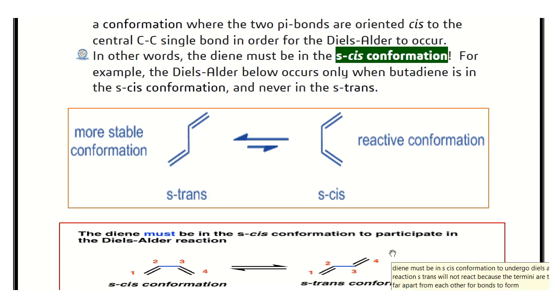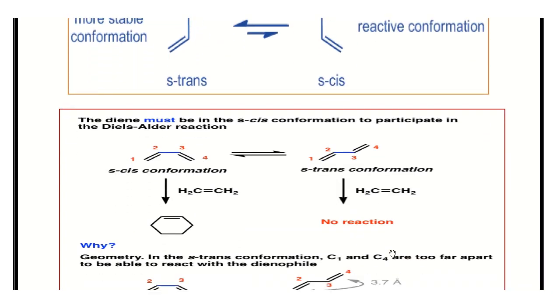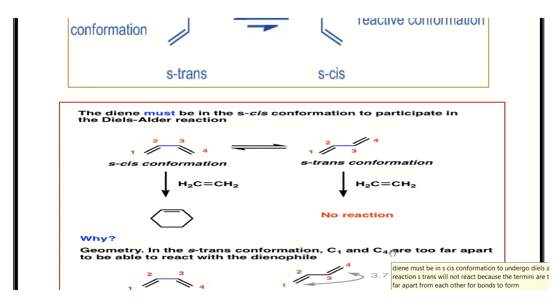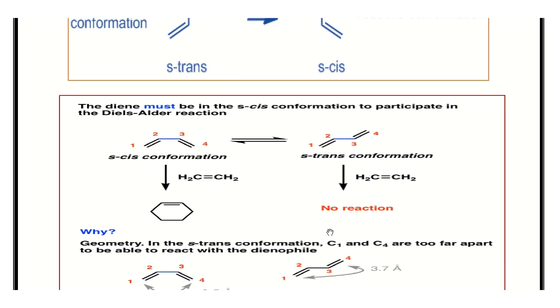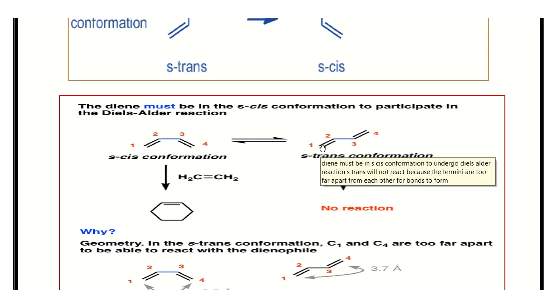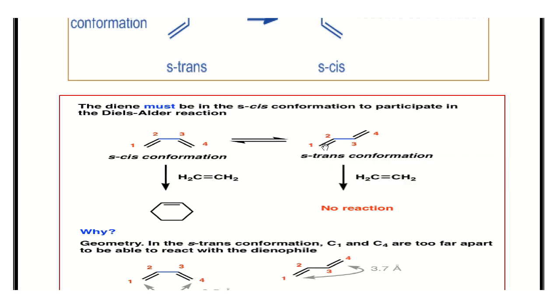Why is it happening so? It is occurring because of the geometry of the molecule. In the S-trans conformation, that is the single trans conformation, you may observe they are present in the opposite plane. This double bond over here, we have this double bond.